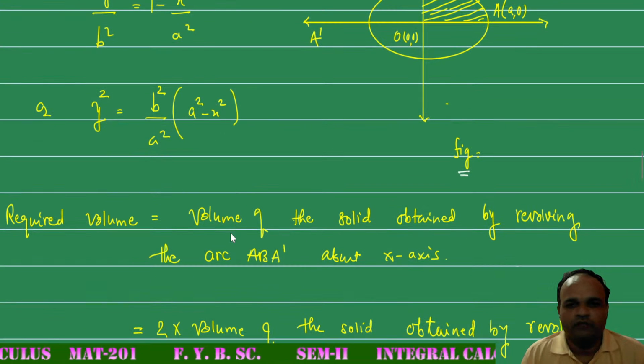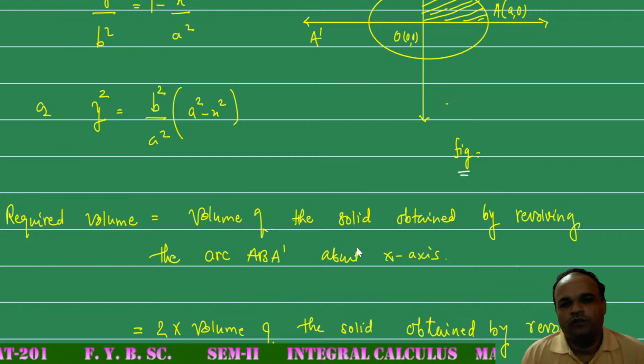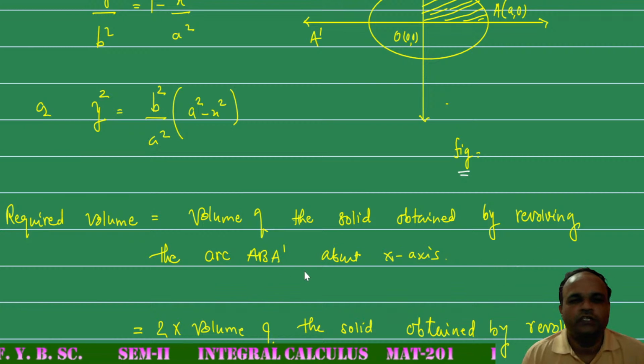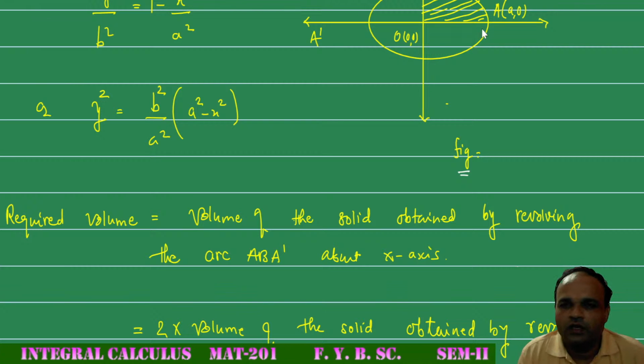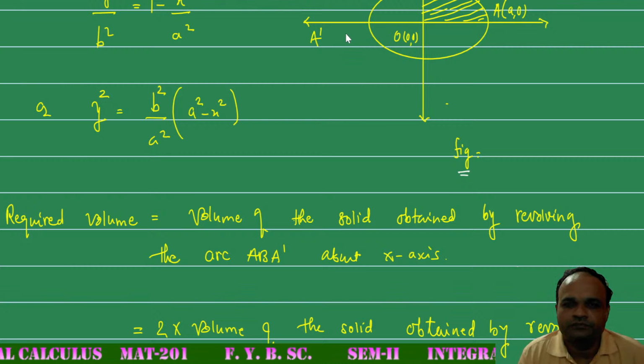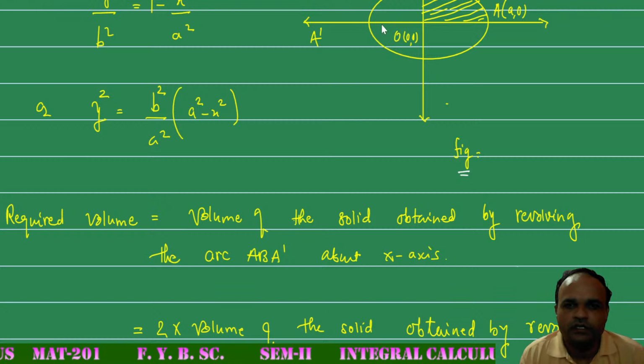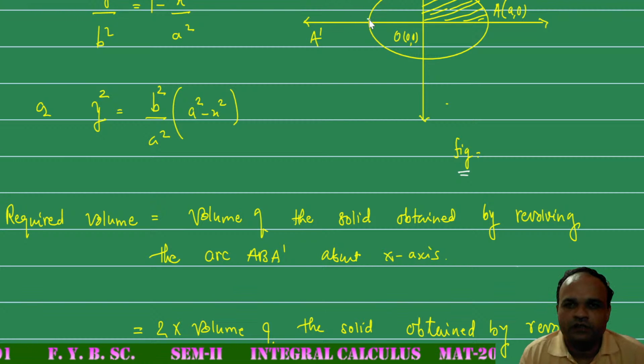So the required volume is the volume of the solid obtained by revolving the arc A B A dash.